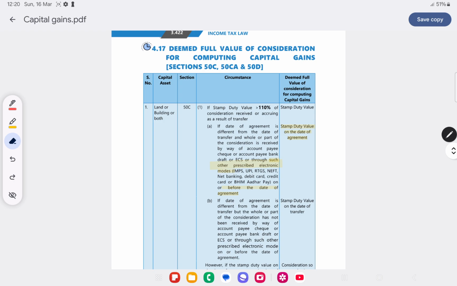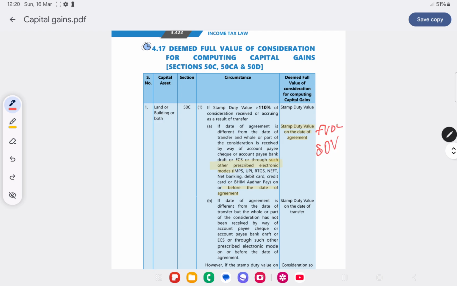Now we'll see how to calculate deemed full value of consideration in case of land, building or both. First, we have the full value of consideration, and we have the stamp duty valuation.